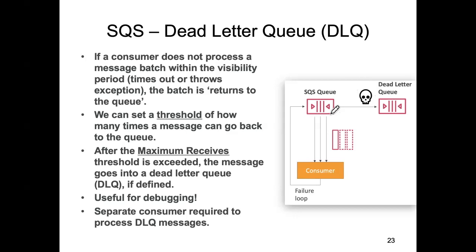And so the way SQS takes care of handling this, what you can say in your configuration of this queue is, I'm going to allow my consumer two attempts at processing a batch of messages. And if it fails on the second attempt, then I want that batch of messages to be written into this queue here and deleted from this queue. And the SQS service will do that for you. All you've got to do is tell the SQS service how many attempts you want to give the consumer at processing a batch of messages.